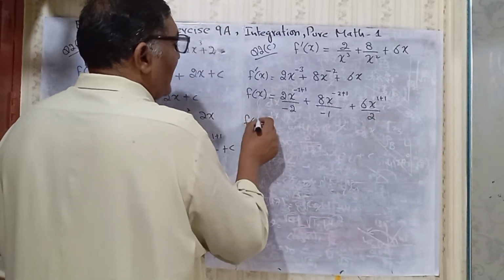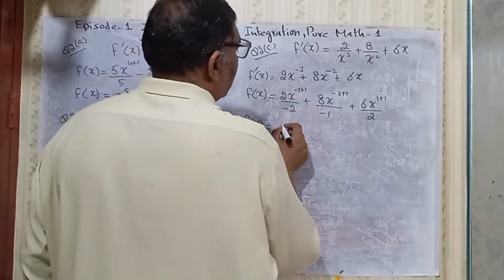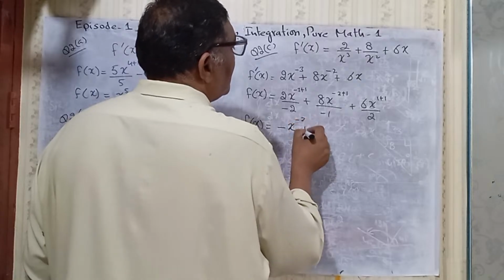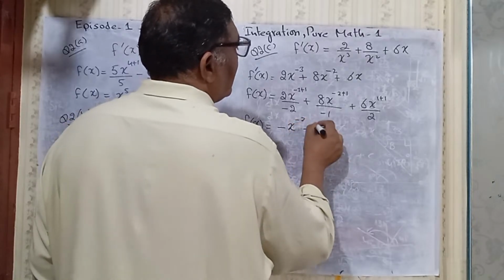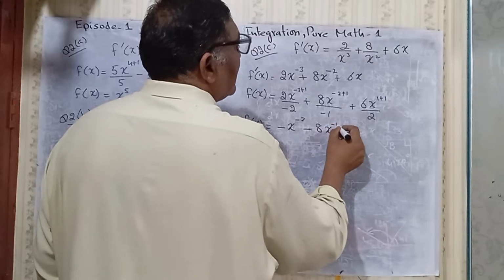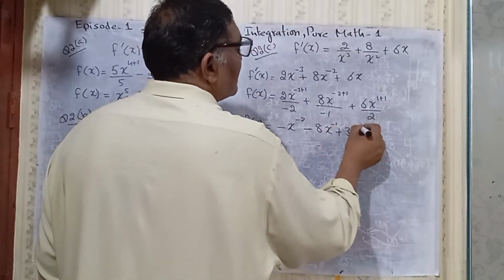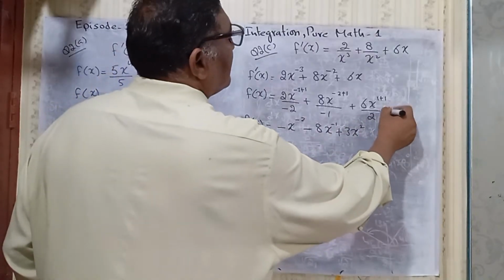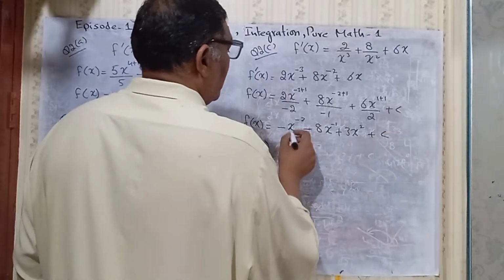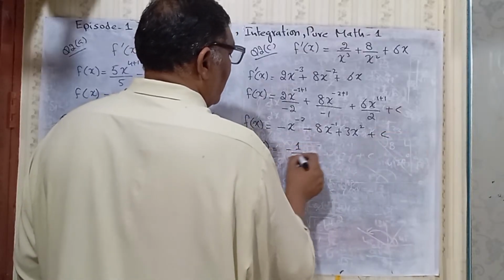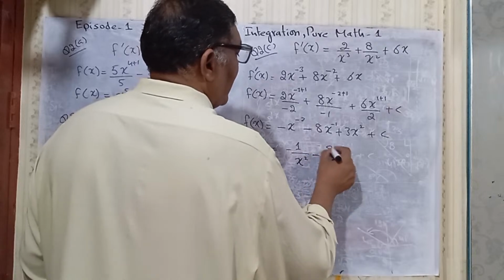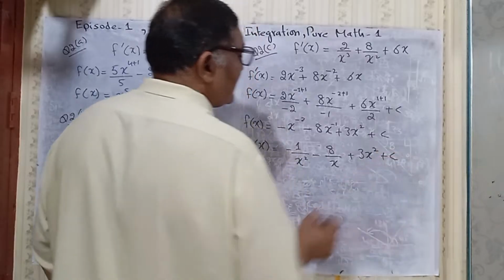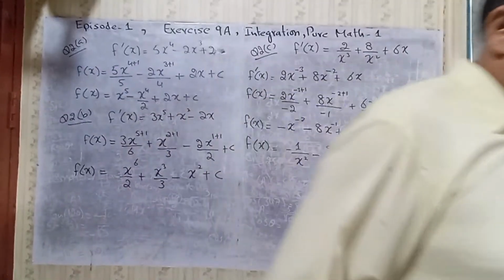So f(x) equals 2 cancels, minus x to the power minus 2, and again minus 8x to the power minus 1, plus 3x squared, plus c. So this becomes minus 1 divided by x squared minus 8 divided by x plus 3x squared plus c.